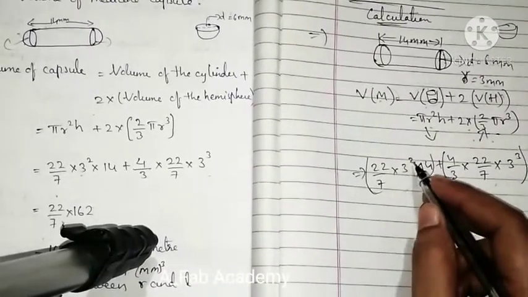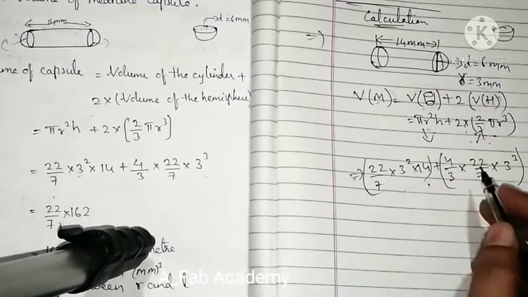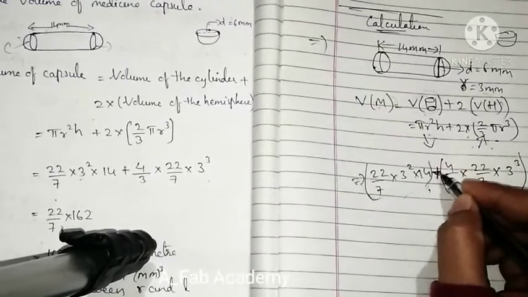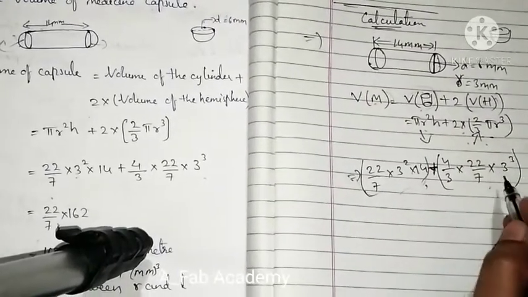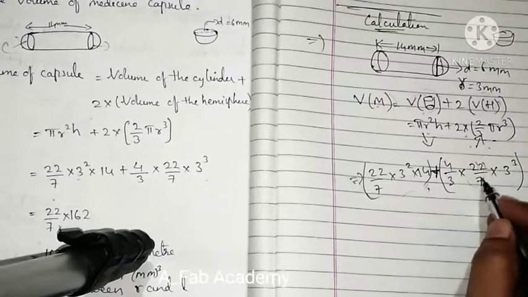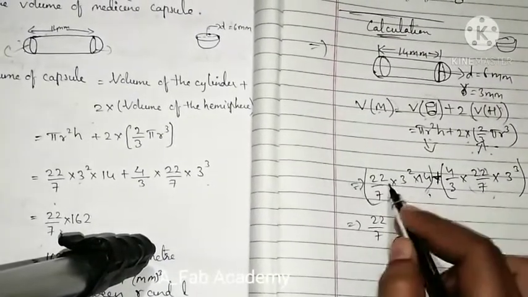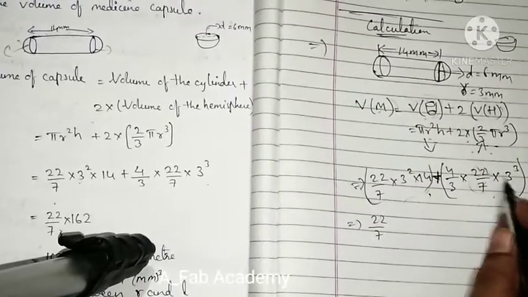First we will solve whatever is there in the bracket. Here you can see this plus is dividing these two terms, so you can take 22/7 common from both brackets, and 3 square also you can take common.